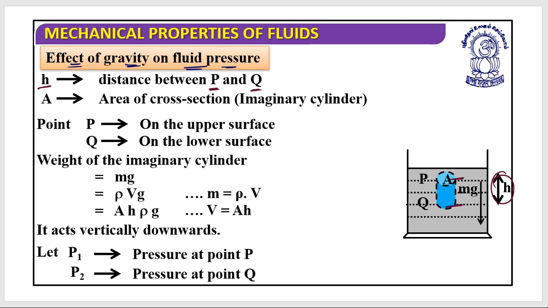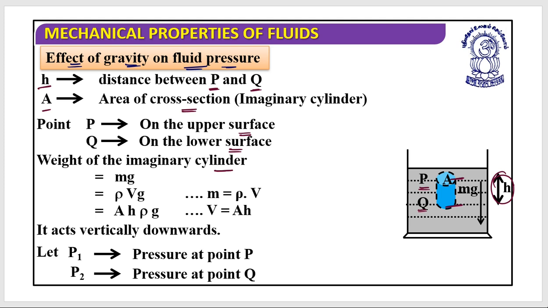So h is the distance between points P and Q, and A is the cross sectional area. We have taken an imaginary cylinder, with point P on the upper surface and point Q on the lower surface.